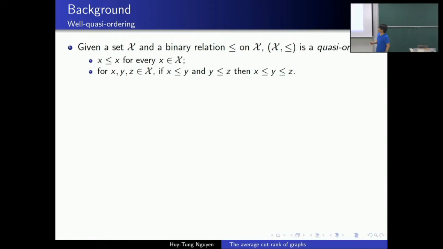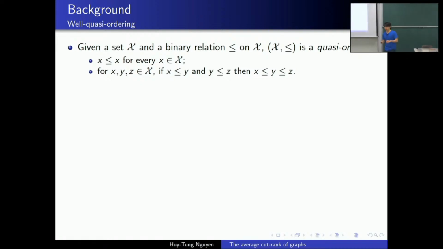And now we come to quasi-ordering. A quasi-order on a set X is a binary relation that satisfies reflexivity and transitivity.